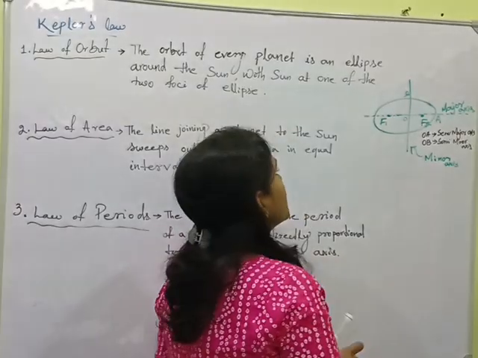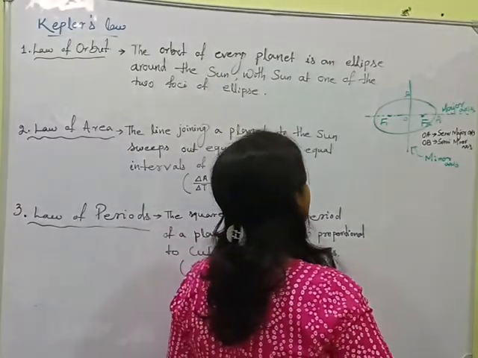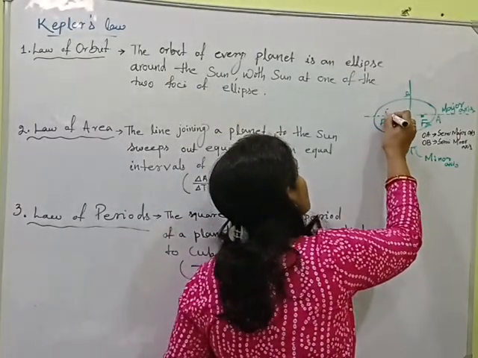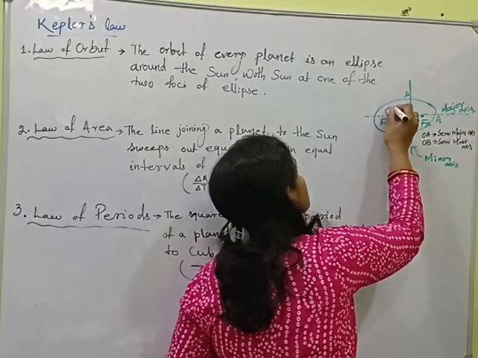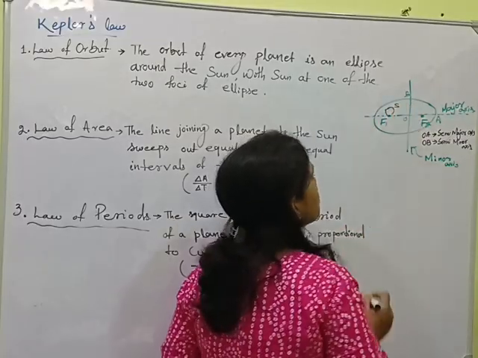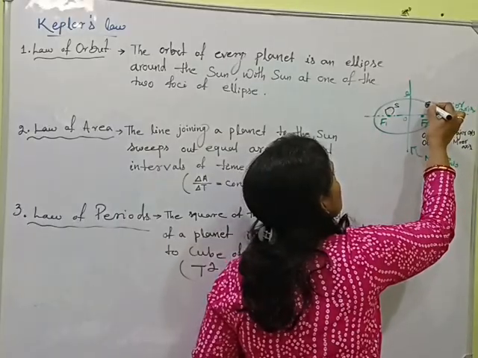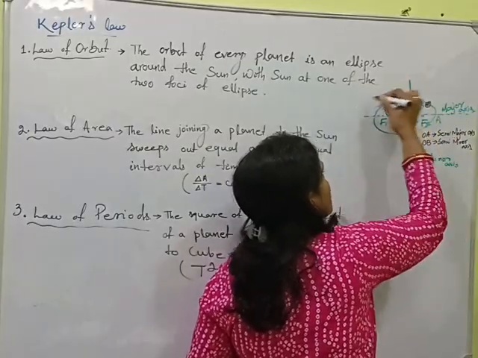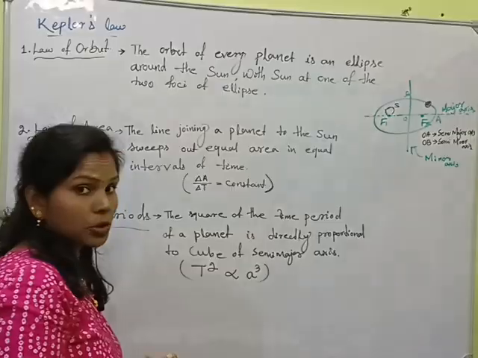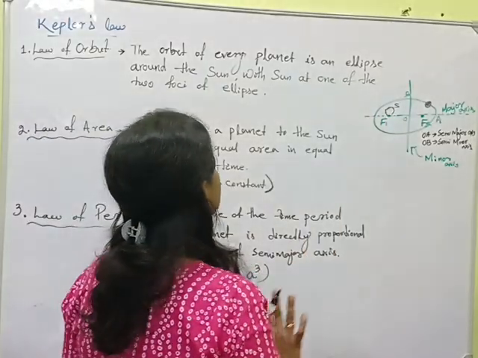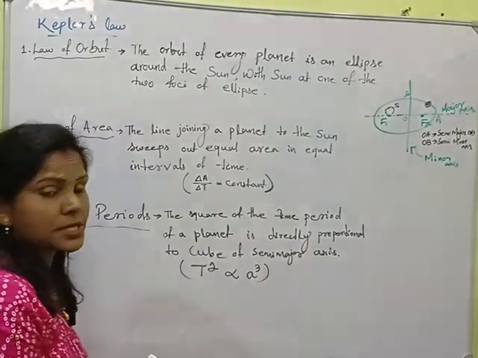If we assume the Sun is at focus F1, the planet moves in this elliptical orbit around the Sun. This is the first law, the law of orbits.